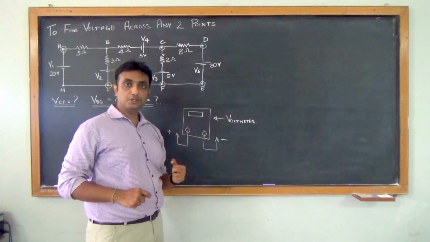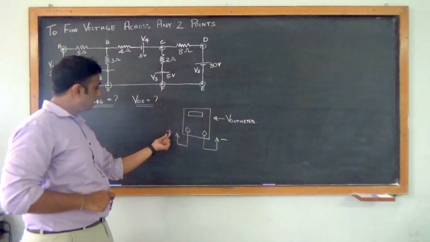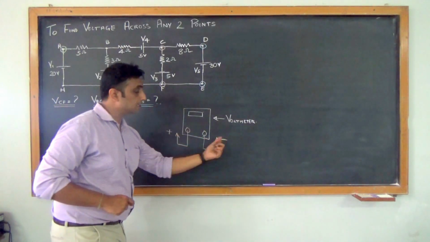Now a voltmeter has 2 terminals, as we know. It has the positive and it has the negative.